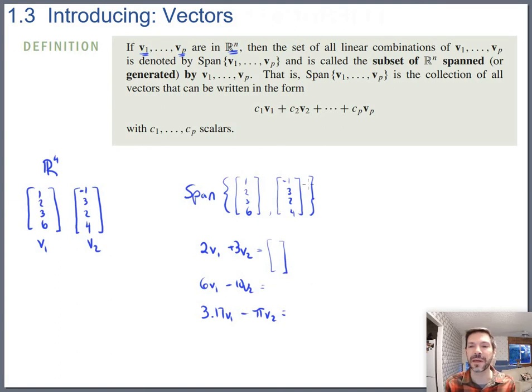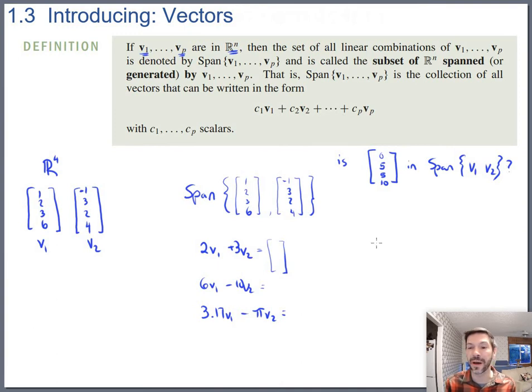And this span will often ask questions like, is something in the span? So we might say something like, is 0, 5, 5, 10 in span V1, V2?